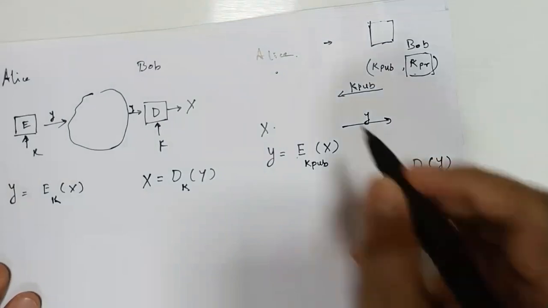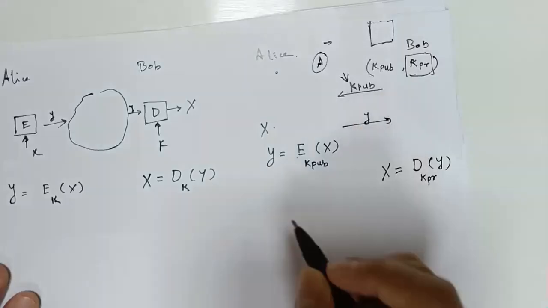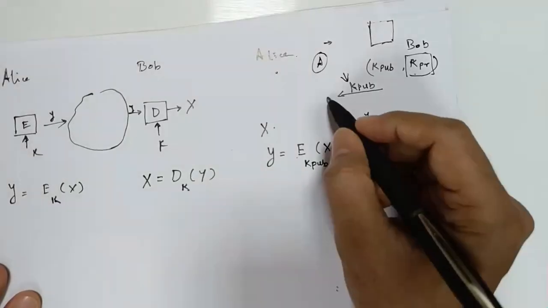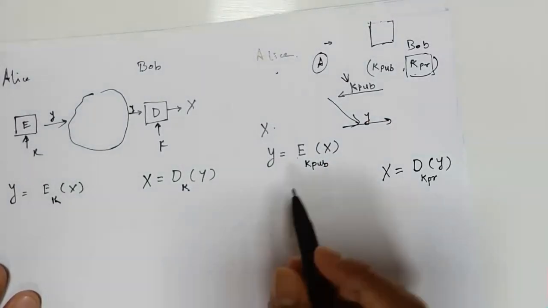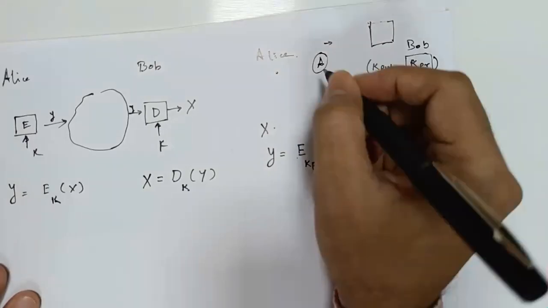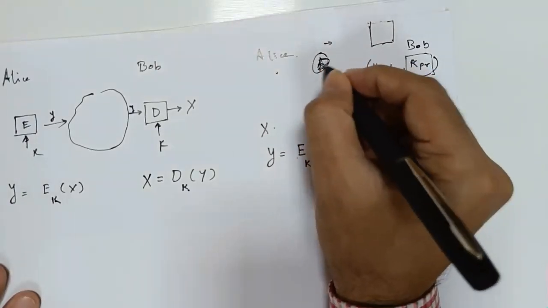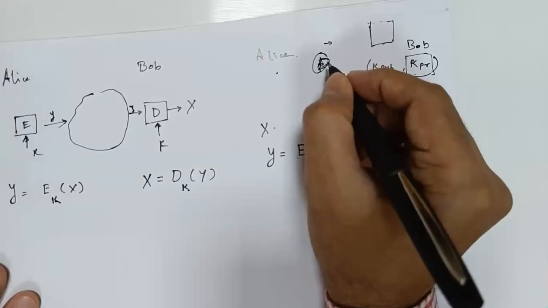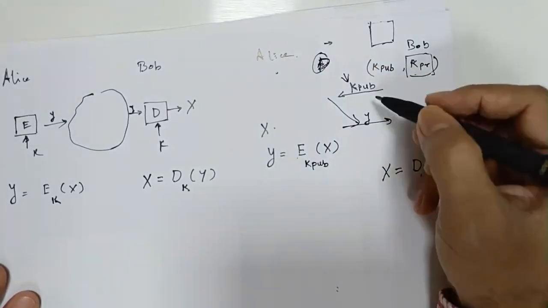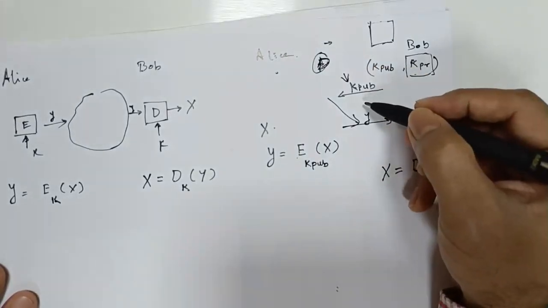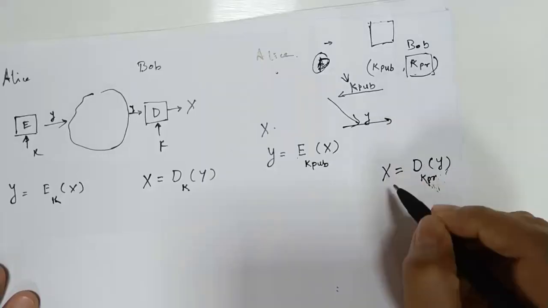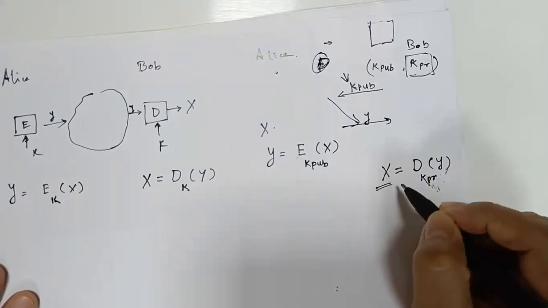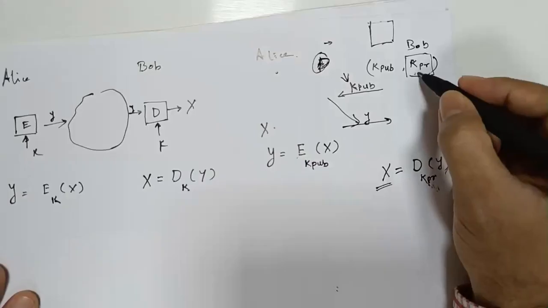Even if an attacker, let's say Charlie, gets hold of the public key or the ciphertext, he will not be able to use any of these to produce the original message because he doesn't have the private key of Bob.